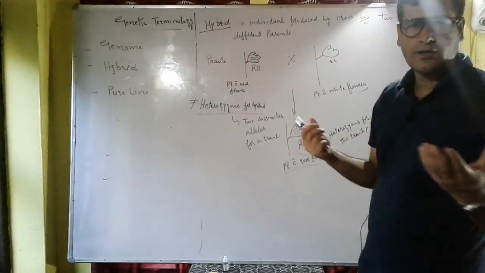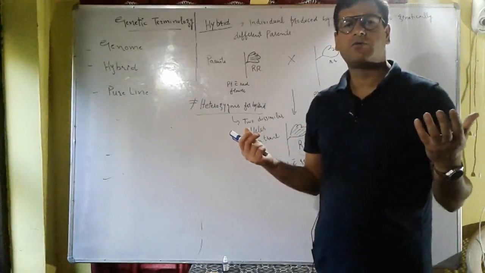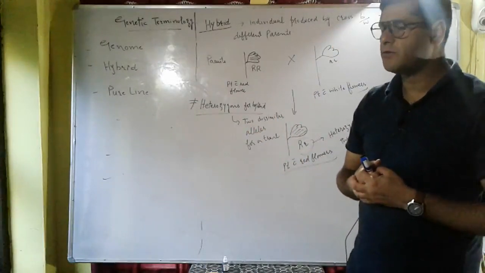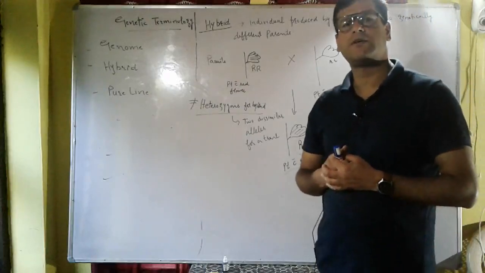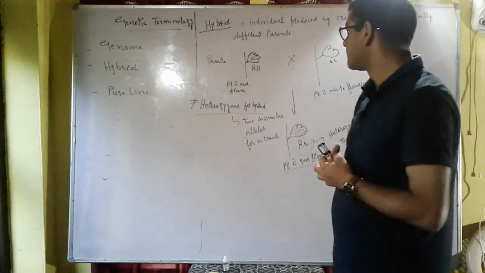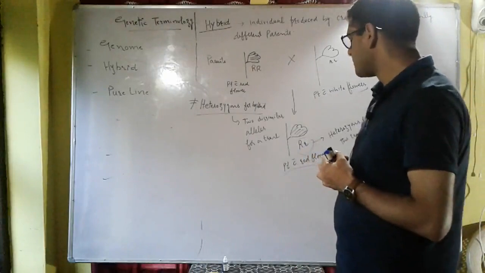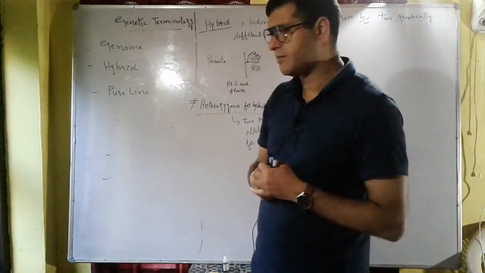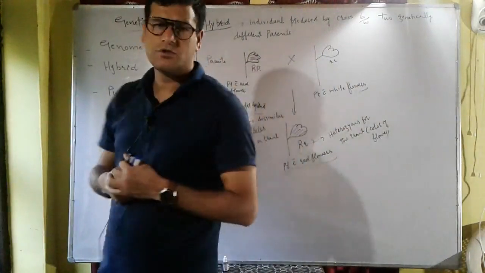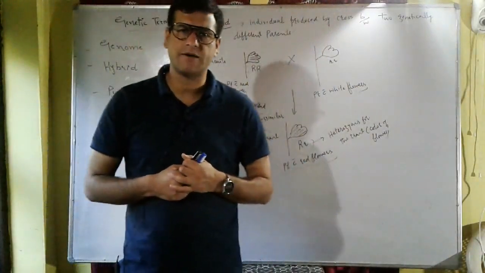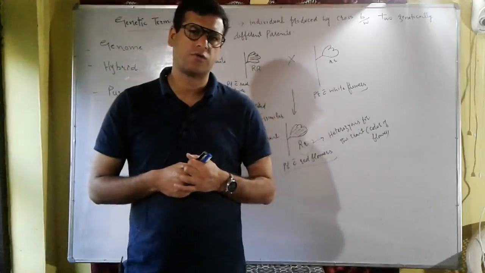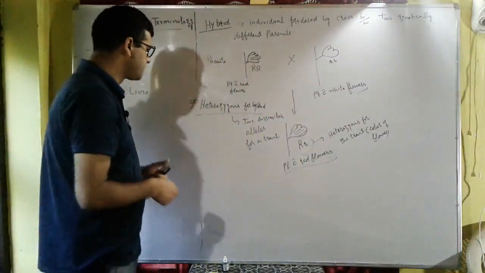So hybrid is an individual which has two dissimilar alleles for a trait, or we can say that hybrid is an individual produced by the cross between two genetically different parents. Sometimes we use the term heterozygous for the hybrid, and hybrids are mostly superior to their parents in one or more characteristics. This is what is called heterosis or hybrid vigor.